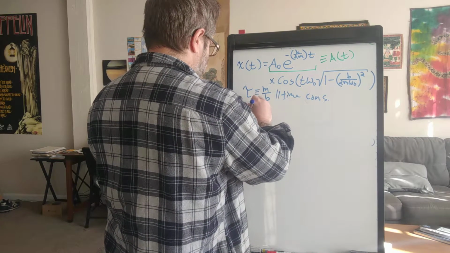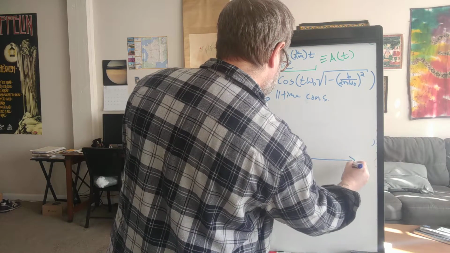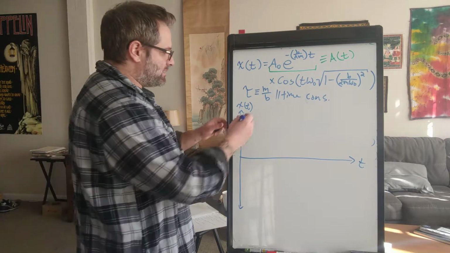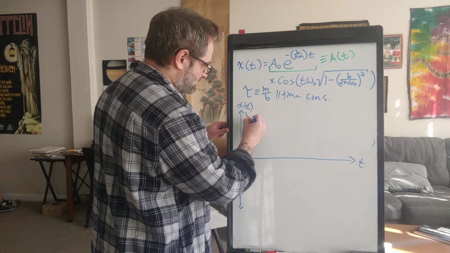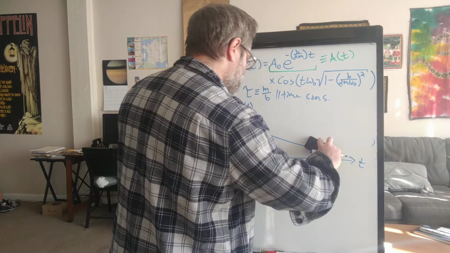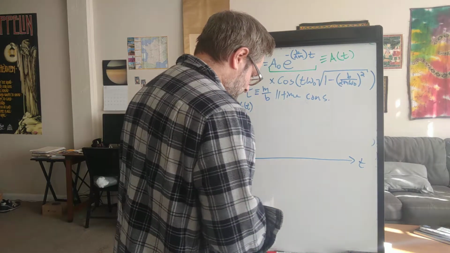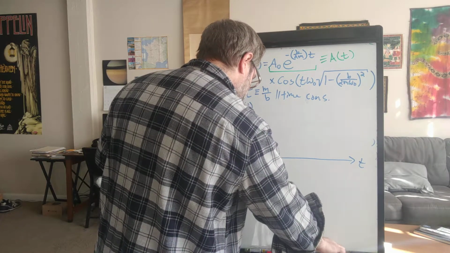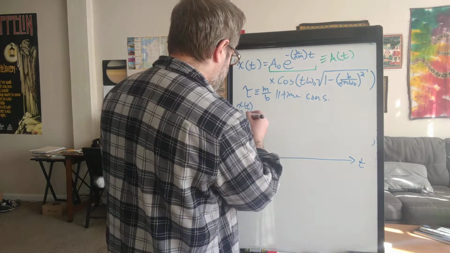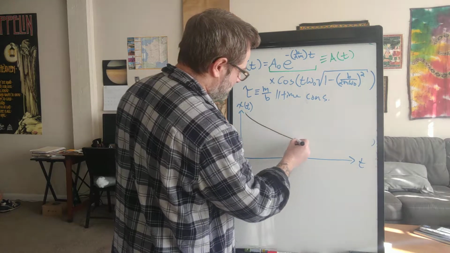x as a function of time, and then this, of course, is time. So we're going to draw in that exponential decay function, like so. Actually, let's use 3 different colors. Let's be exciting. Let's draw in that exponential decay function.